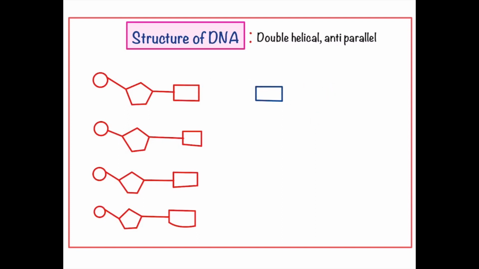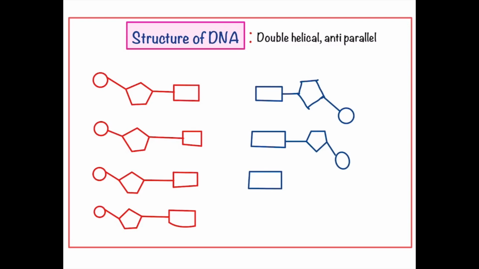Okay, so now let me draw the nucleotides, but antiparallel, for the second strand like this. Clear? Right? Okay, so this is my first nucleotide. You have to remember the numbering, students, that nitrogenous base is always attached with the first carbon of the pentose sugar like this, and the phosphate group is always attached with the fifth carbon, right?